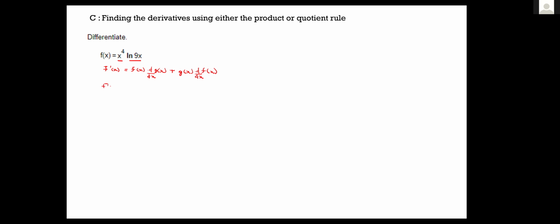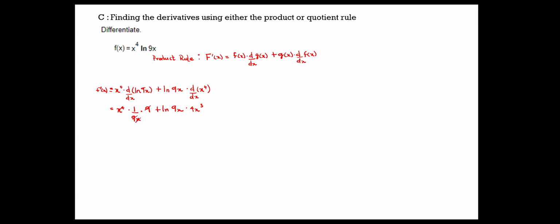And so f prime of x in this case will be x to the fourth, and then we can find the derivative of ln 9x, plus ln 9x times again the derivative of x to the fourth. And so we have x to the fourth times 1 over x, and I already went over what the derivative of ln x would be, times 9, plus ln 9x times 4x cubed.